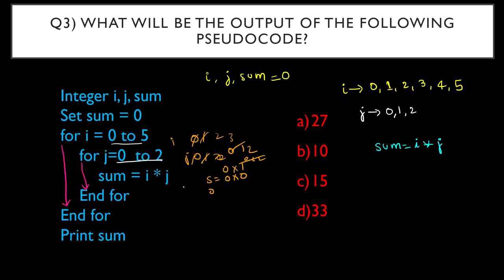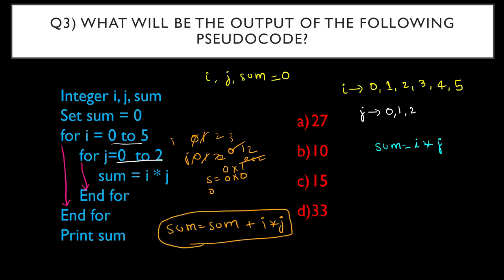But the mistake is, if it was sum is equal to sum plus I into j, then you would need to do all these steps. But here what you have is just sum is equal to I into j. So however many multiplications you do, the value of sum that is going to be printed here is the last value that was calculated.